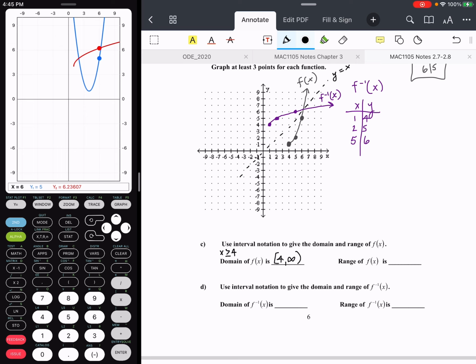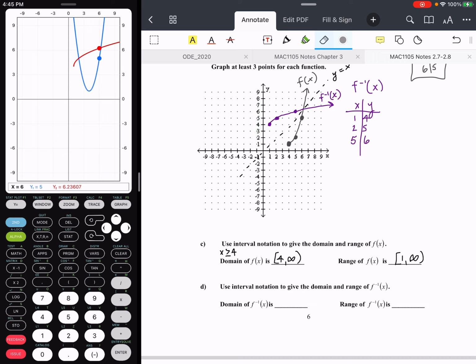And I can see that on my graph. 4 is the smallest x value, and then x can get bigger from there. All right, for the range of f of x, looking at that gray function, I'm going from positive 1 up to infinity. So for the range, the lowest y value is 1, and then y increases from there. So that's the range of my gray f of x function.